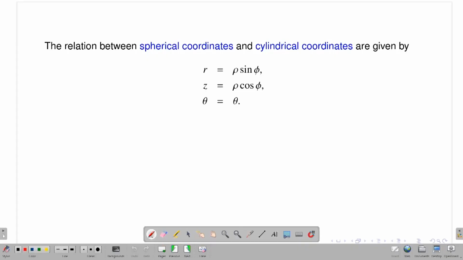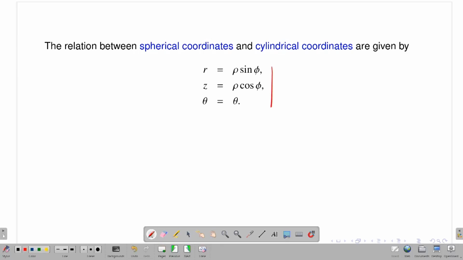Now, we will see what is the relation between one coordinate system and another, or how to convert a point given in one system to another coordinate system. For example, the relation between the spherical coordinates and the cylindrical coordinates is given by r equal to rho sin phi and z equal to rho cos phi, theta equal to theta. Okay.